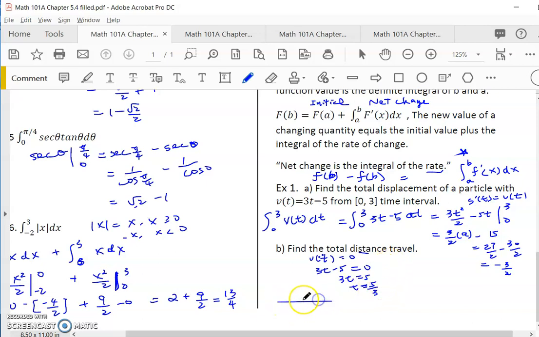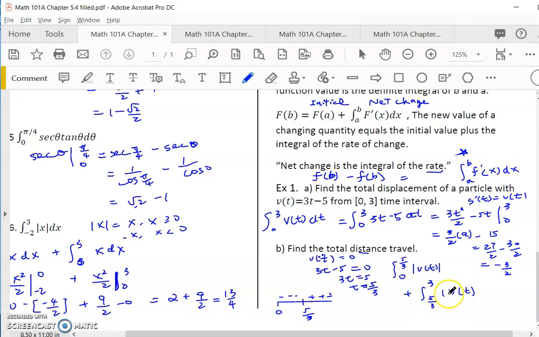So we can check from 0 to 5 over 3. Let's say if I plug in 1, it's going to be traveling negative. Actually, in the beginning it is negative, and then it changes to positive. So the way to do this is you would have to do the integral from 0 to 5 over 3 of the absolute value of v of t, plus the integral from 5 over 3 to 3 of the absolute value of v of t.